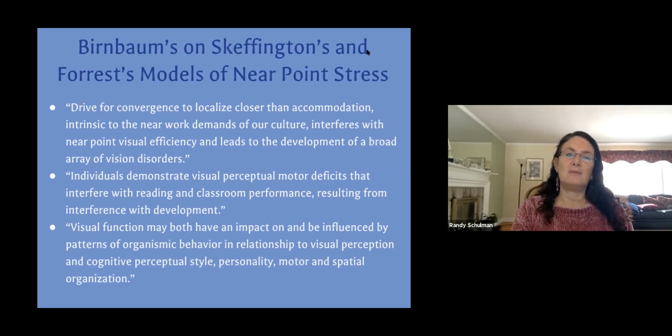And that's going to cause, for those individuals with visual perceptual motor deficits, interference with development, and then visual function is going to be impacted on all of these individuals, and it'll be influenced by their personality, lifestyle, and general cognitive perceptual style.